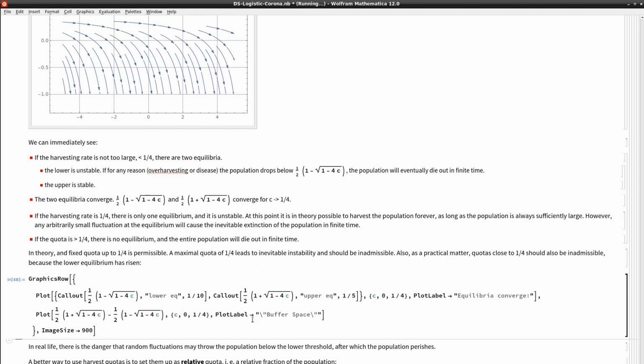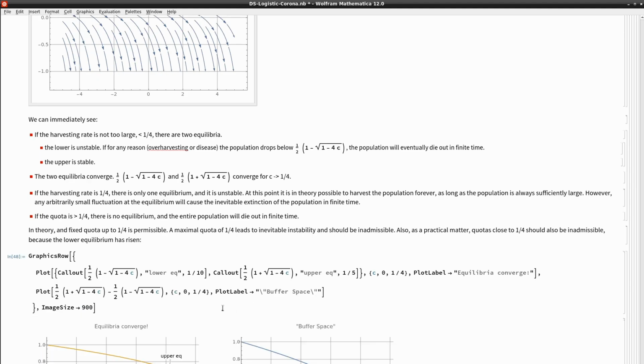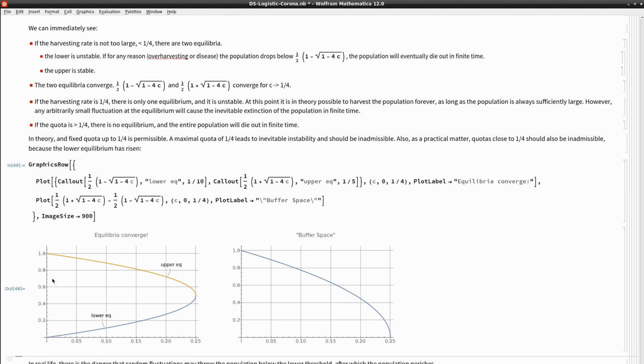So when we look at this plot, then we see pretty quickly that as the upper equilibrium comes down, the lower equilibrium comes up, and at a quarter they meet in the middle. At a half, right? This line here is at a half. But the space between them is getting smaller and smaller. And the difference between the two, I have this here in a second plot, note this minus sign here, is what we can think of as a buffer space.